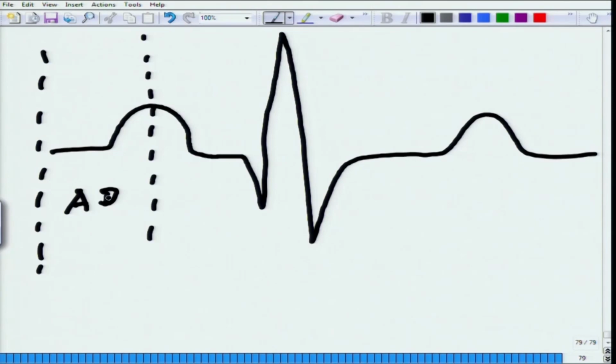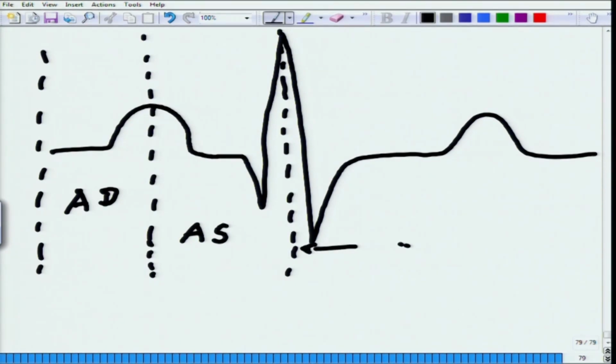I am not writing the full form because there is not enough space, so bear with me, follow the lecture, and you will be able to understand. Then this is the phase of atrial systole. Then again from here starts atrial diastole, till the next P starts.